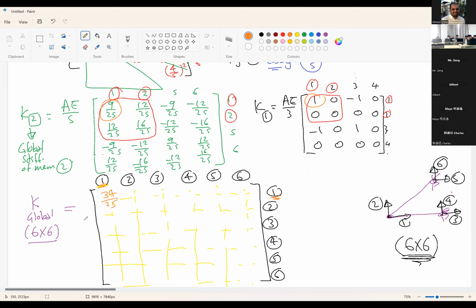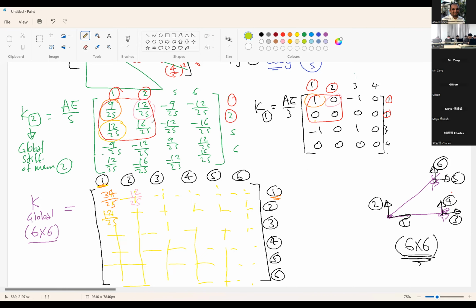The next one is 2, 1. 2, 1 is in these two elements, this one and this one. So it will be 12 over 25. The other one is 1, 2, so we have 12 over 25.